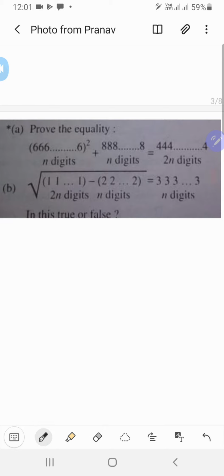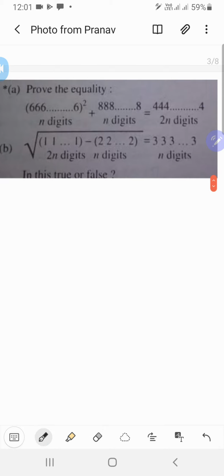Then let's go to this thing. Prove the equality: 6 with n digits plus 8 with n digits, where this is squared, is equal to 4 and so on till 2n digits. This is not too bad to do.